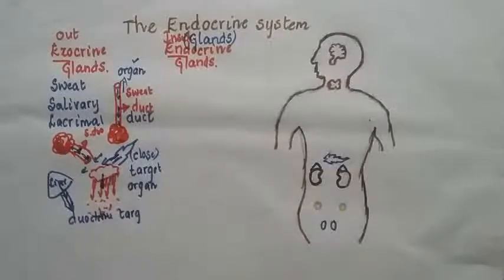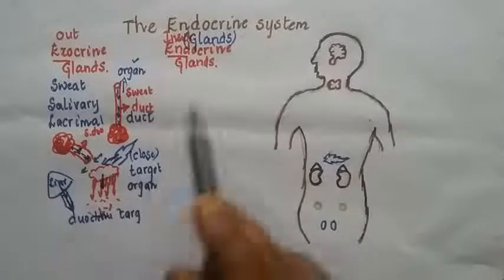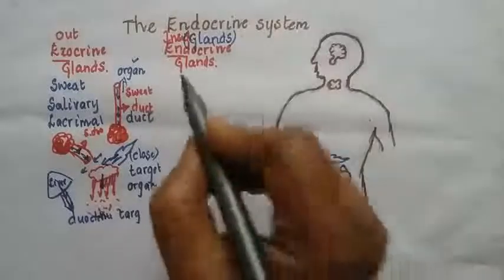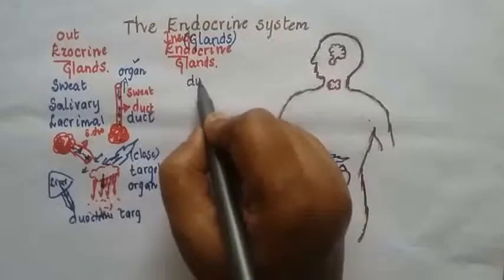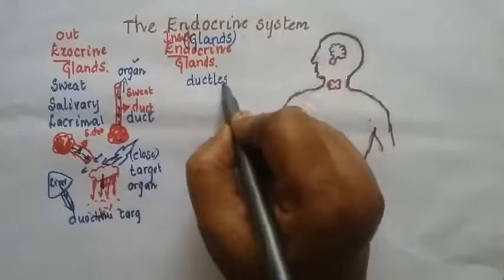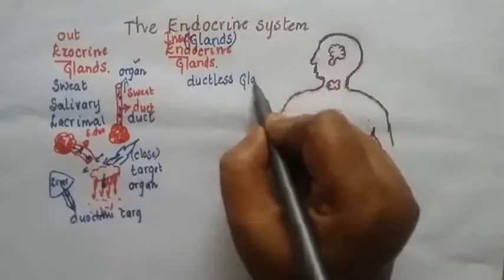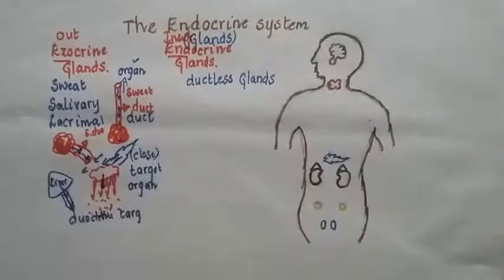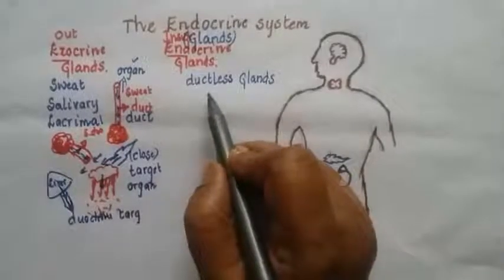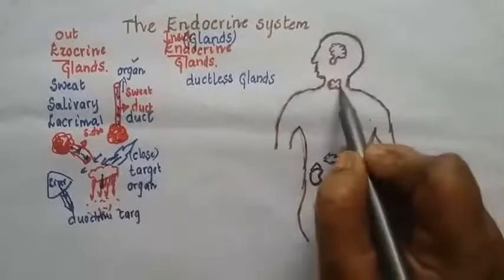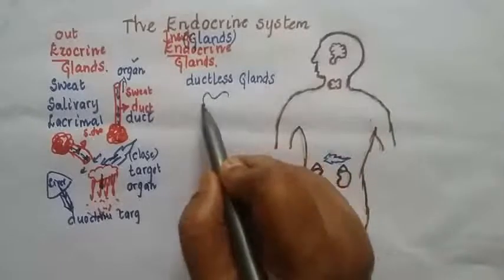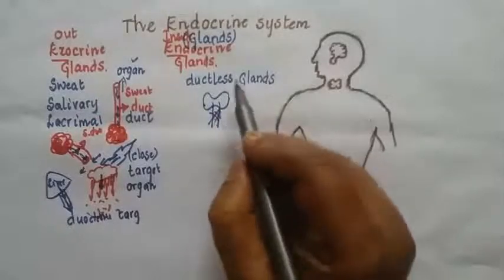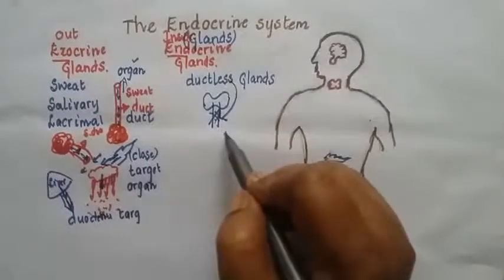Okay, children? Now, what about the endocrine glands? Children, endocrine glands are basically the ductless glands. They do not have a duct as we have seen in the exocrine glands. Now take an example. This is the thyroid gland, which is found in the neck region. You don't find the duct. They are the ductless glands.